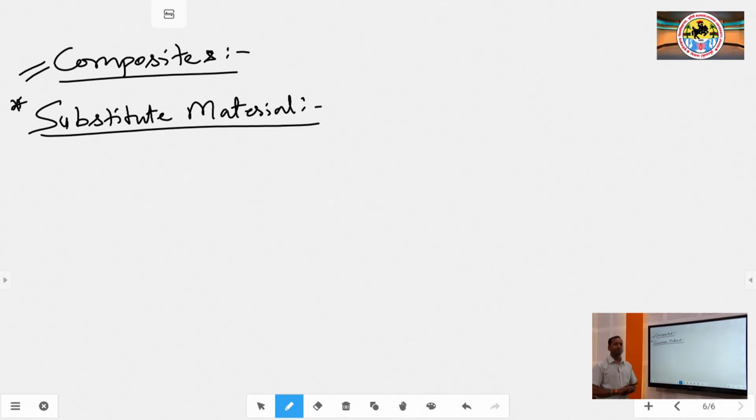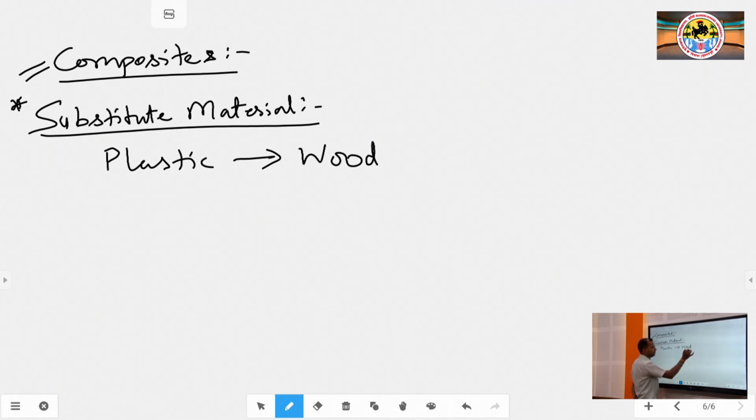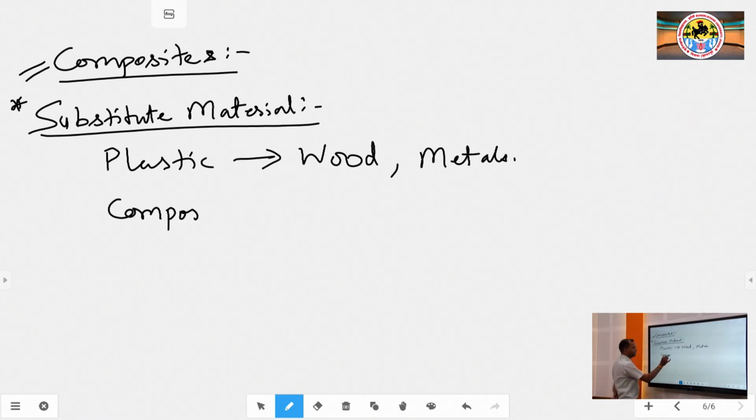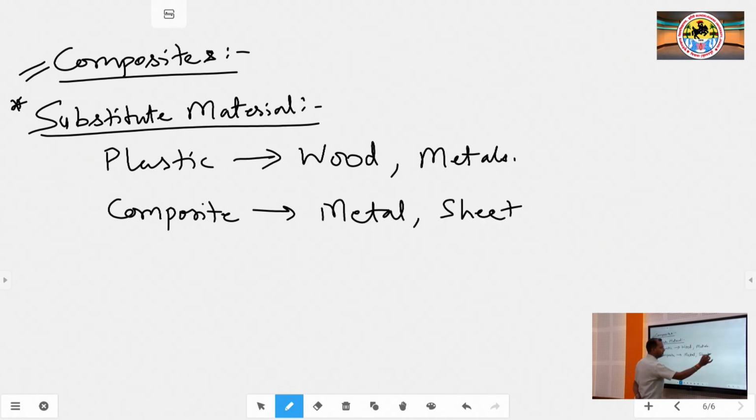In various fields we can replace these conventional materials with the help of newer materials we have, like plastic replacing wood, composite materials replacing metal or sheet metal.